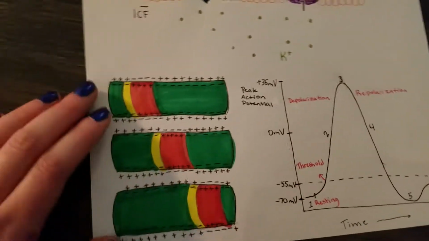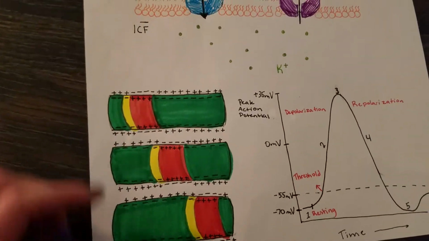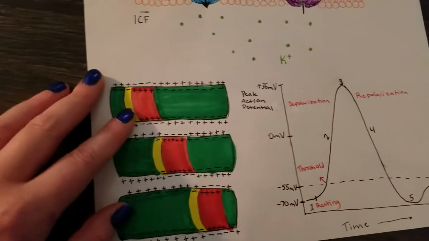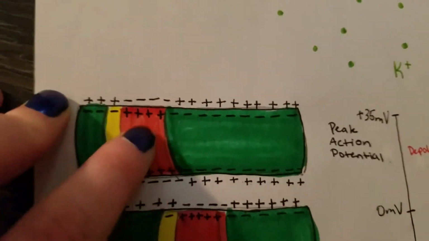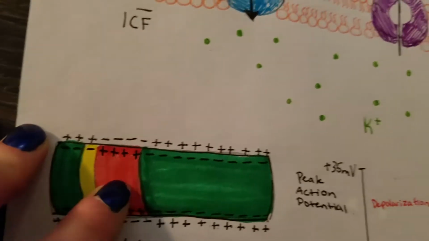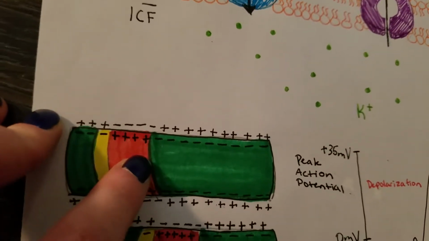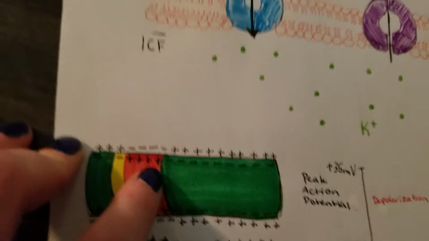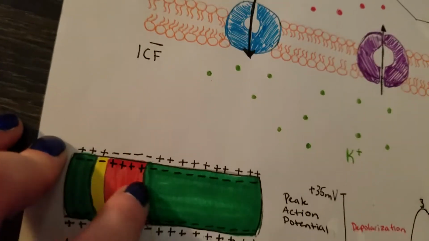A really good image. In the video lectures, these images really helped me to understand exactly what was going on. You can see it starts out, this is where it starts. This is the action potential, and you can see that it changes the ICF to become positive and the ECF to become negative.